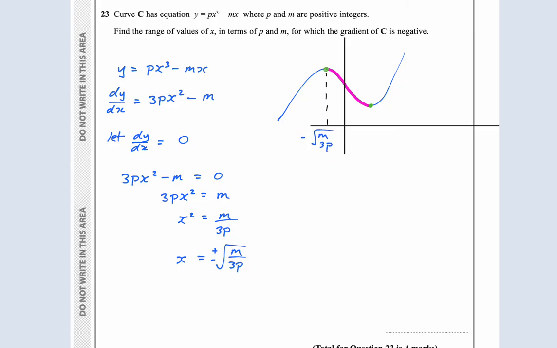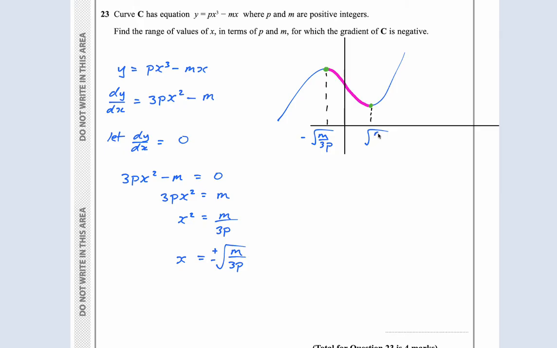The x coordinate of this maximum is minus root m over 3p, and this coordinate is plus, because you don't have to know the graph perfectly, just so long as you know that there's a max and a min and it's between the two.